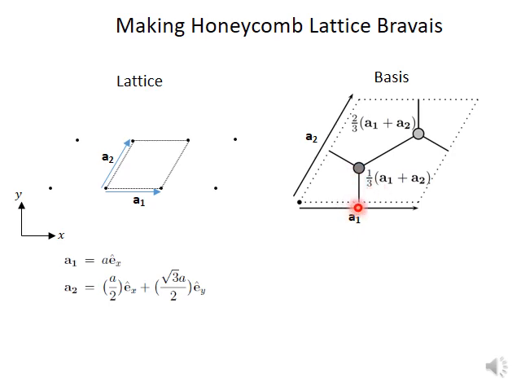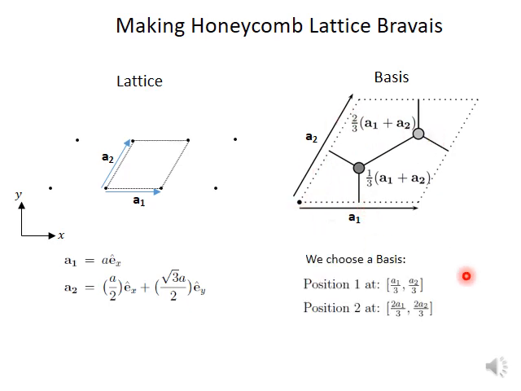So this is the relative position of this object within the basis with respect to the lattice point. And this other object, the light gray circle, is 2/3 along a1 and 2/3 along a2 away from this reference point. So we have identified the position of the basis objects with respect to one of the reference lattice points.